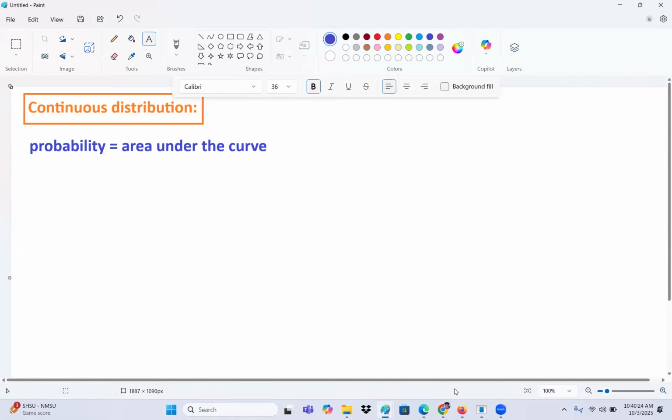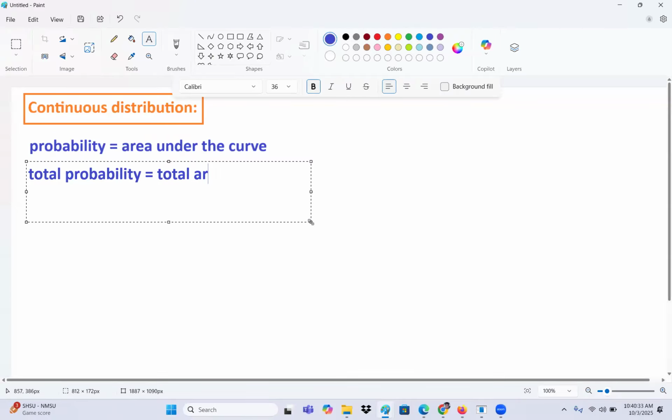The total probability, which is called the total area, must add up to 100%. If it doesn't satisfy this property, then it's not a probability distribution. The total must be 1, and we cannot get negative area.